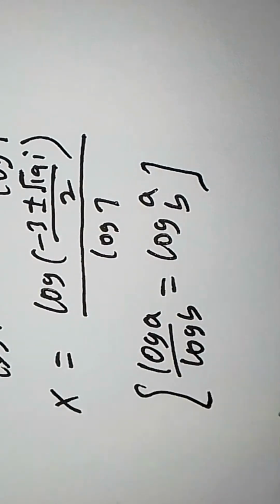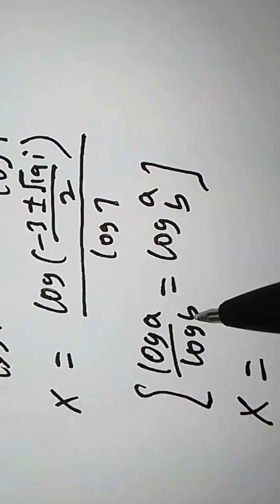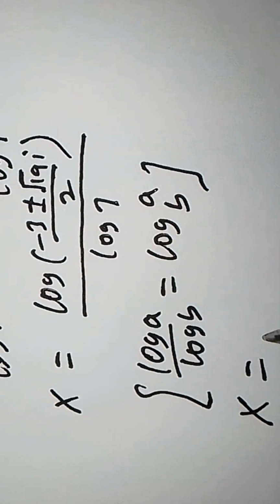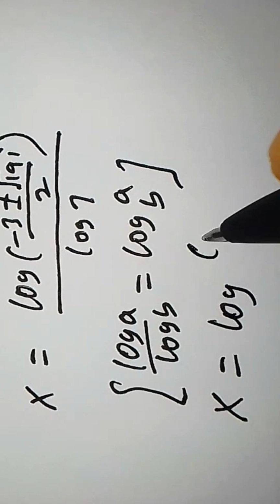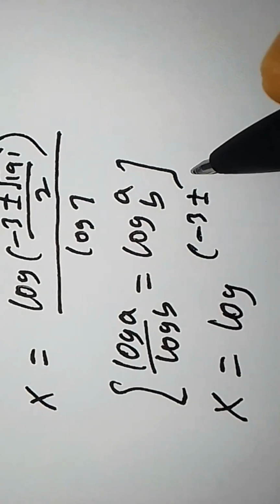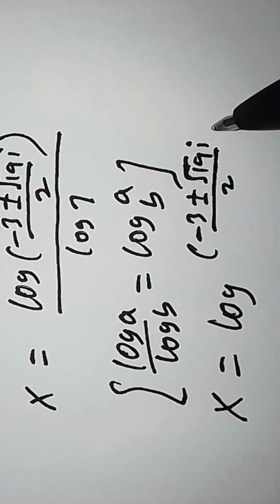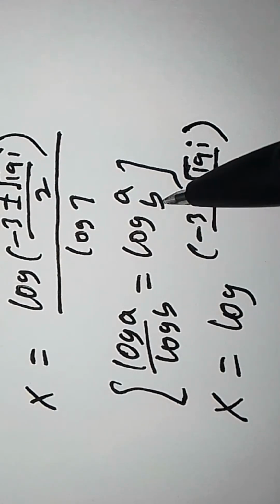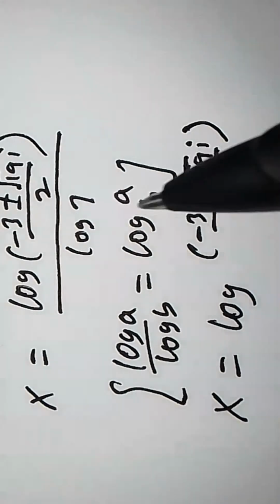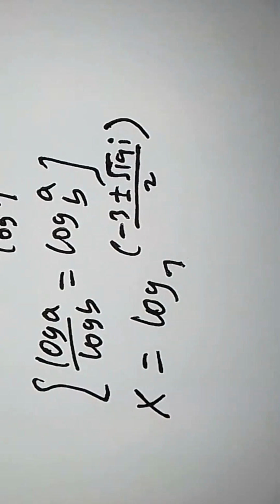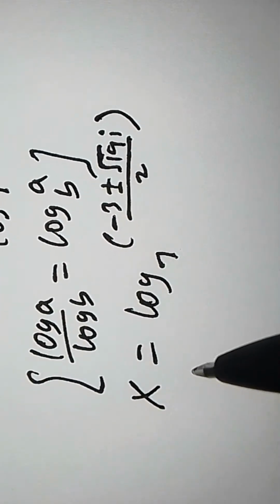So from this line, applying this particular property to this guy, we have x equal to log of minus 3 plus or minus square root of 19i over 2 base. What will now be our base? Our base is 7. Base 7. This is another solution.